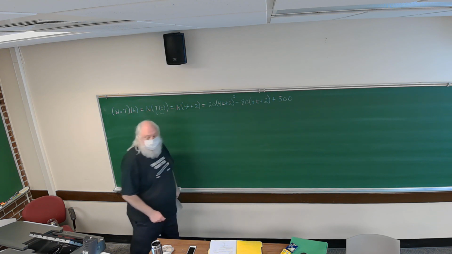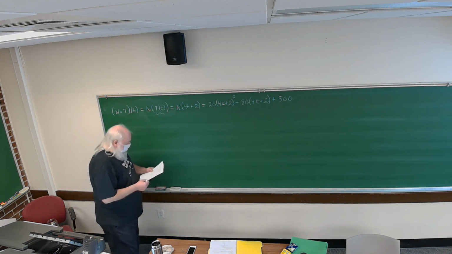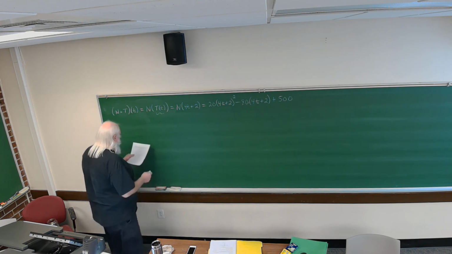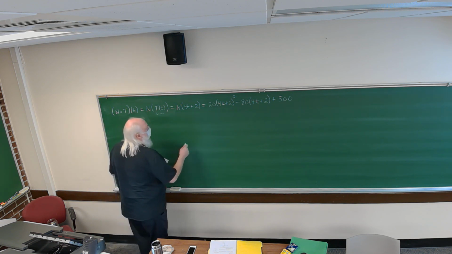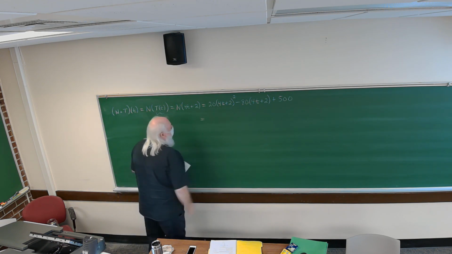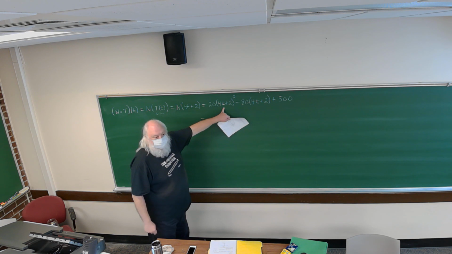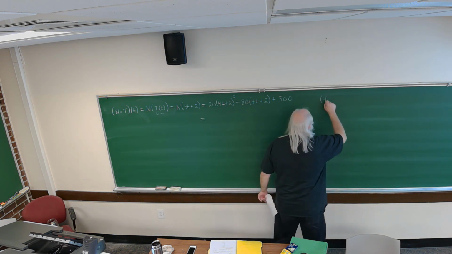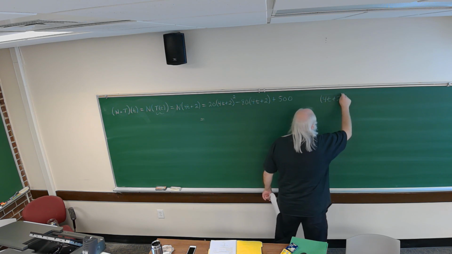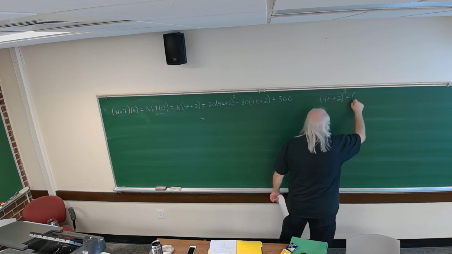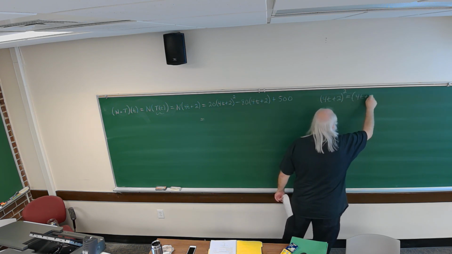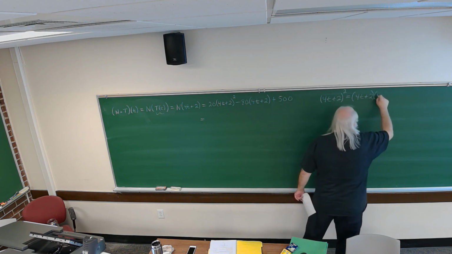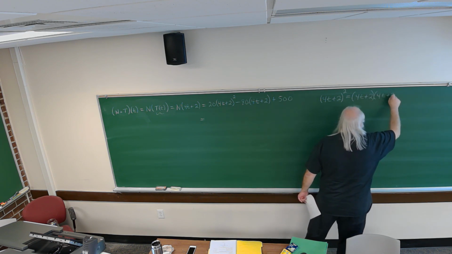And now we get to simplify. (4t plus 2) squared, you've got to FOIL. It's (4t plus 2) times (4t plus 2).